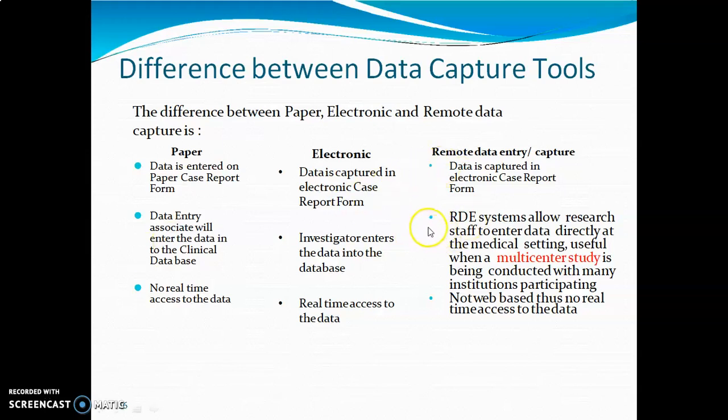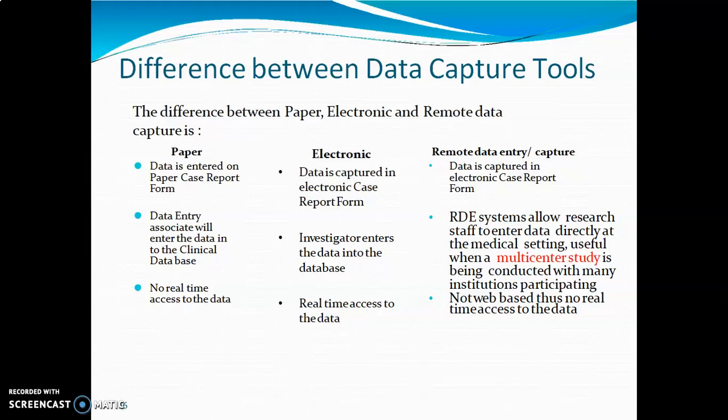The remote data entry system allows the research staff to enter the data directly at the medical setting, which is useful when a multi-center study is being conducted with many institutions. Here the individual medical team people do it themselves, but in electronic capture the investigator has to enter it, so it is much easier.